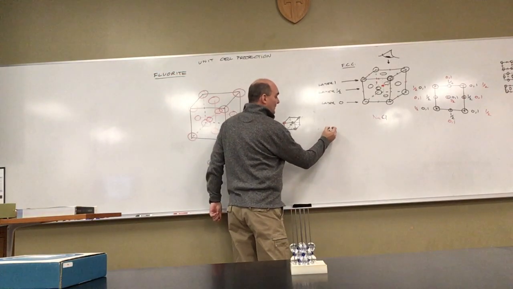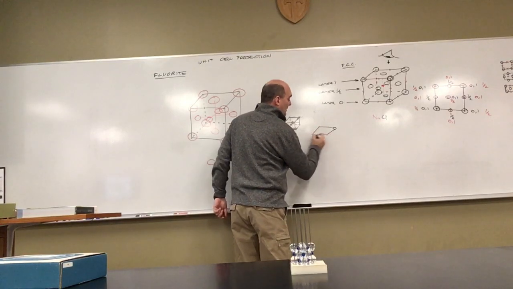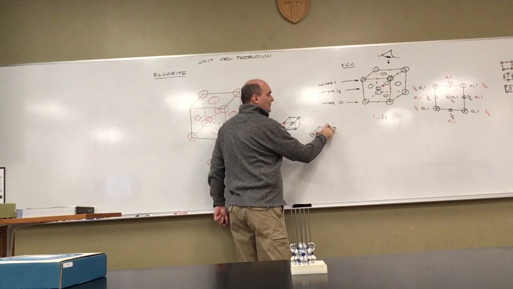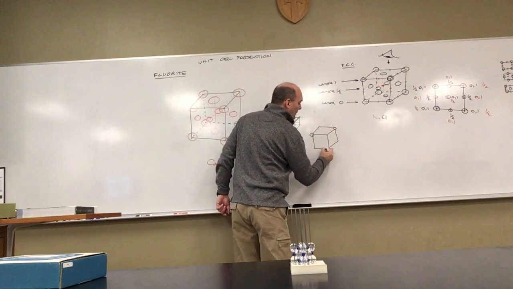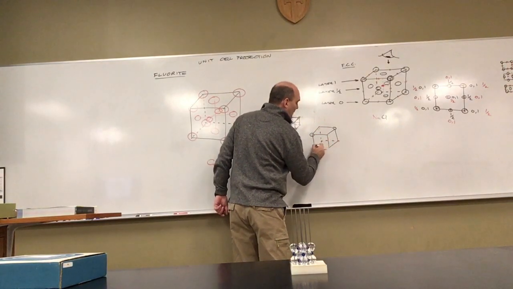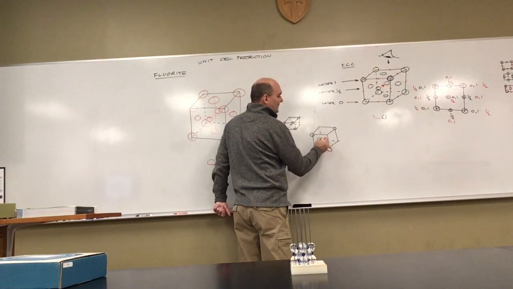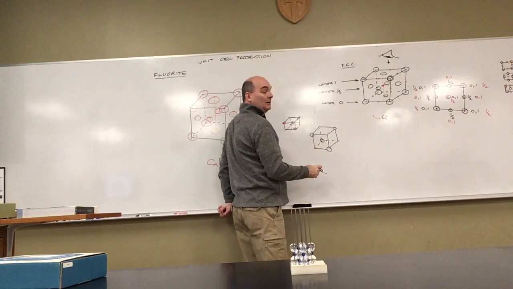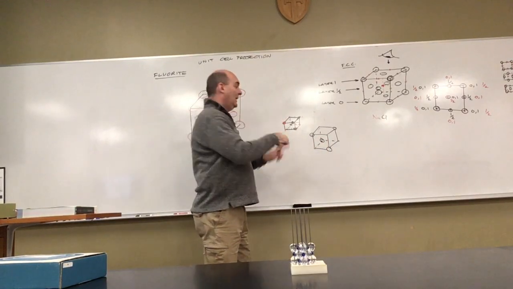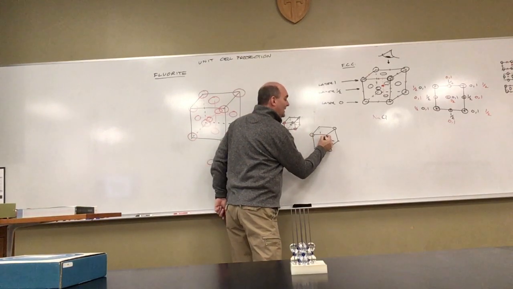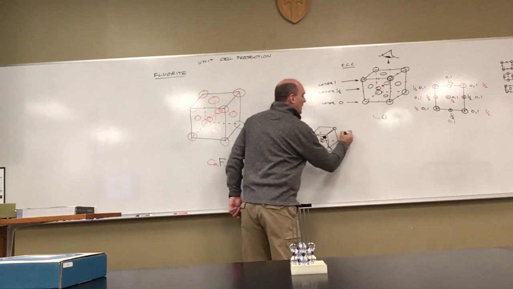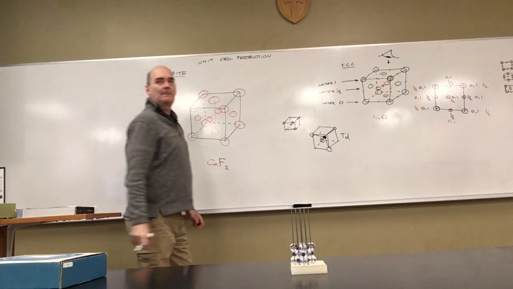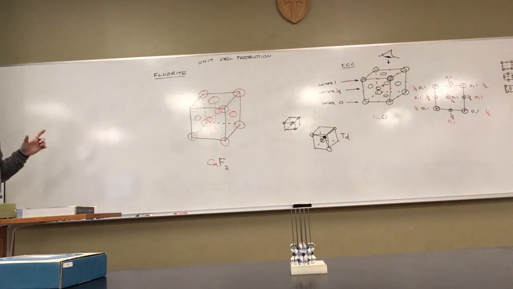There is an atom, in this case ion, at both diagonals on the top of the cube, and then on the bottom part of the cube there is an atom, now ion, at the other corners. If there is an atom in the center of the cube, then its relationship to the corners is tetrahedral. The fluorides are in tetrahedral holes.